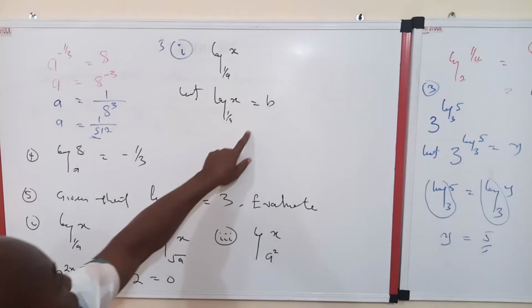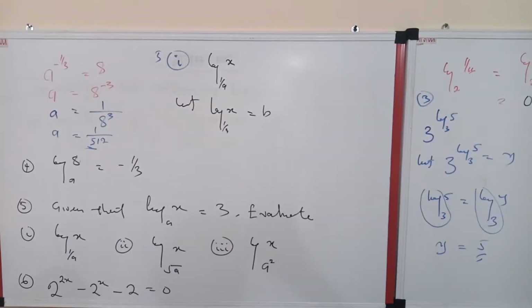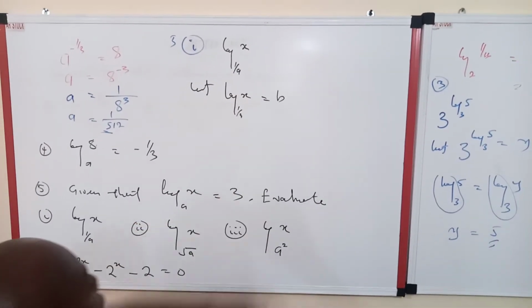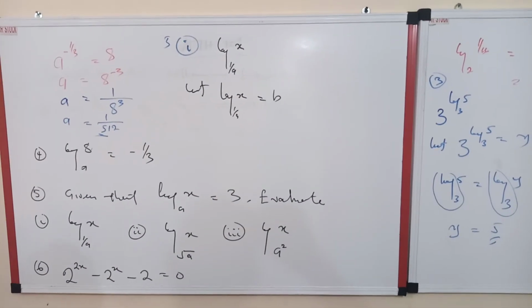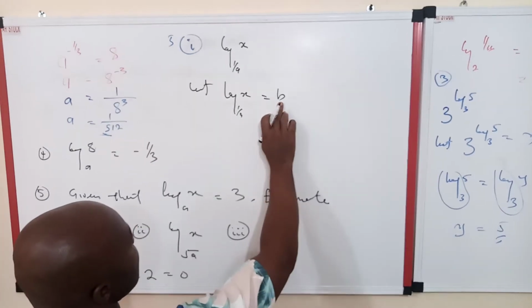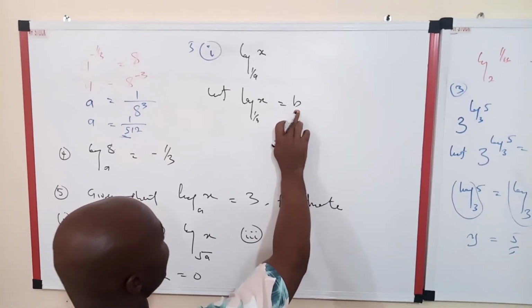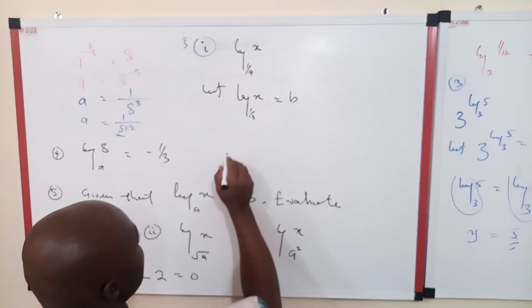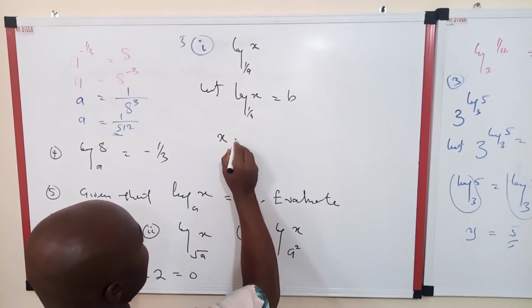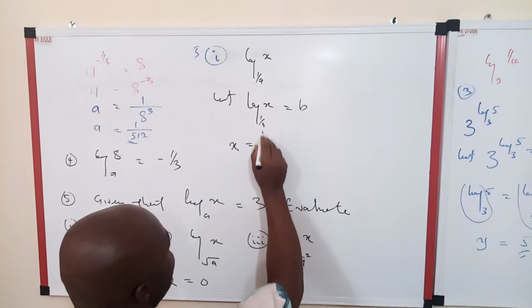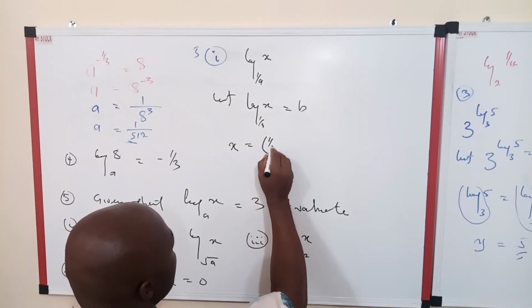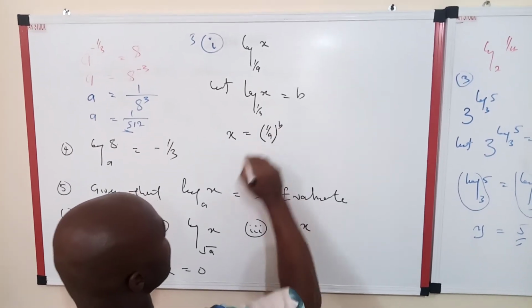Now, if we have it in this case here, we can write this in terms of indices instead of log. If we want to write it in terms of indices, this one is the power, this is the base, and this is the number. So we have the number here, we have the base, which is 1 over a, and this is the power.